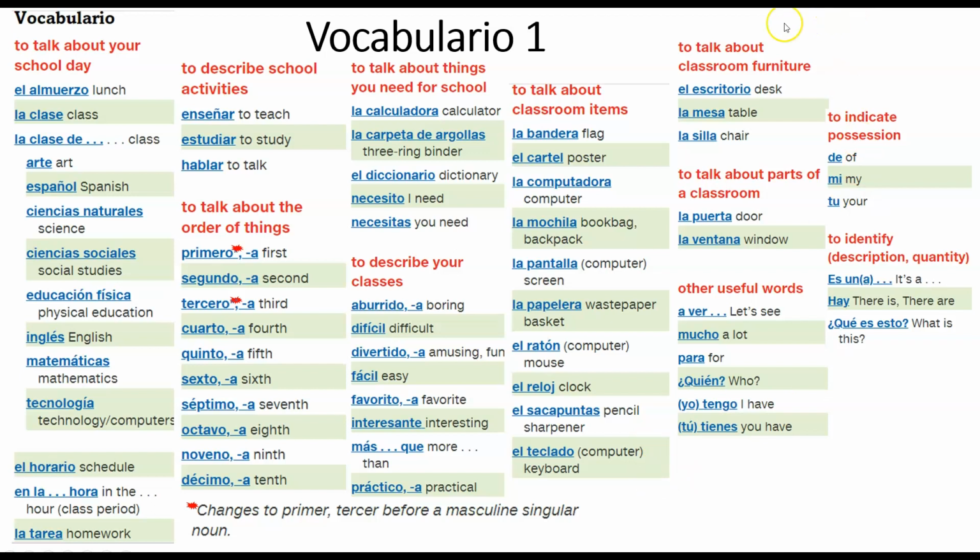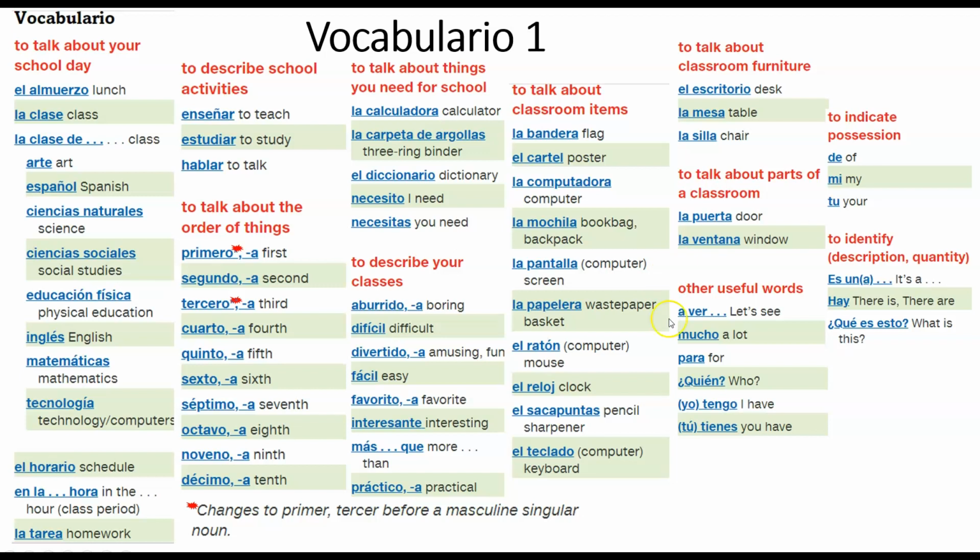To talk about classroom furniture, el escritorio, la mesa, la silla. To talk about parts of a classroom, la puerta, la ventana. Other useful words you'll start seeing in the text.